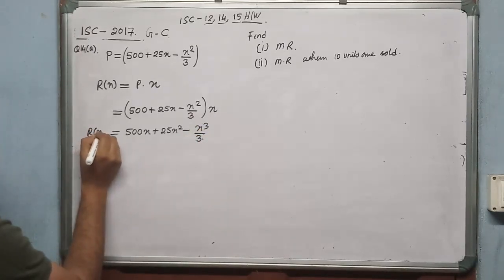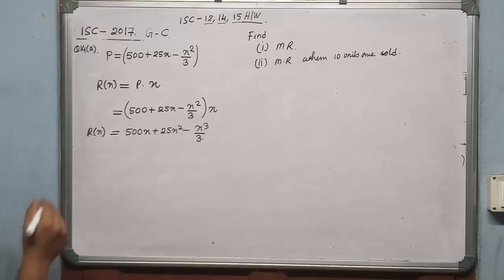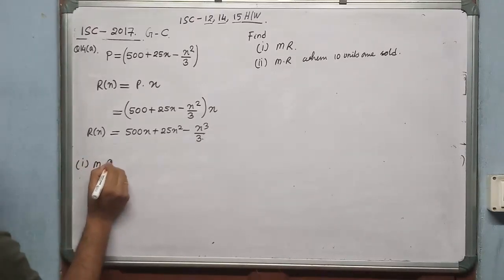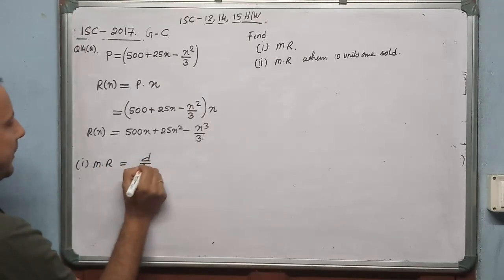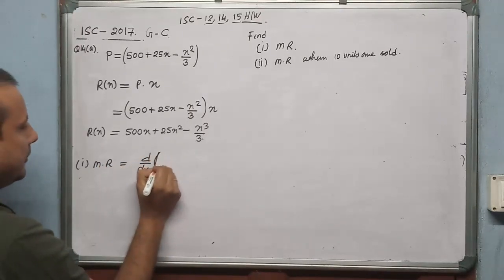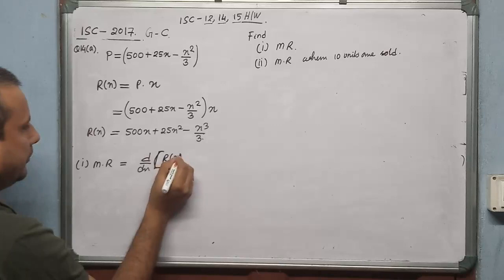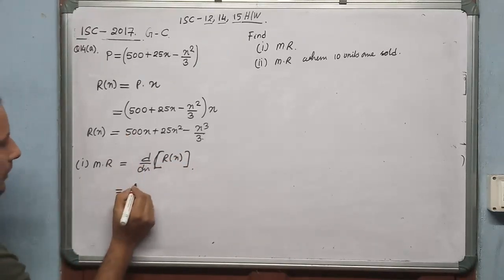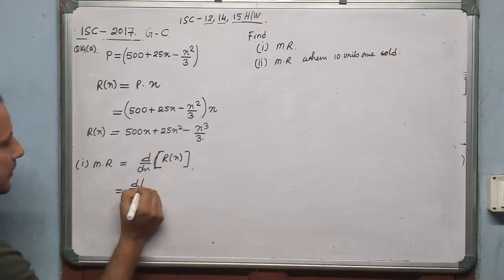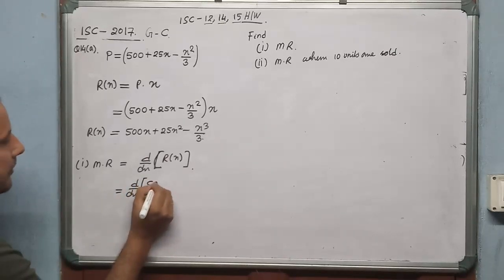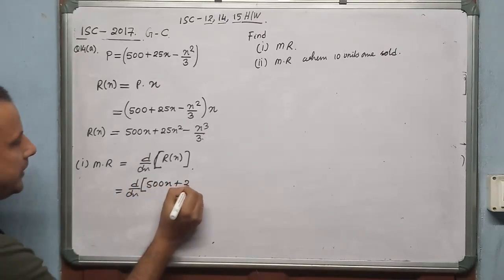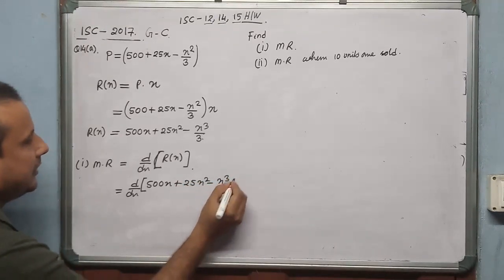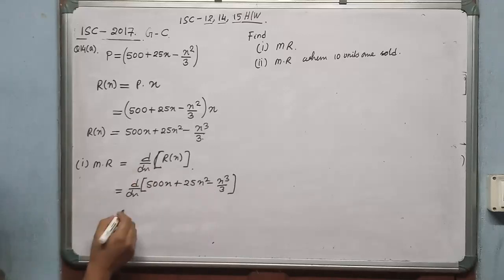This is revenue. Now the first answer that I'm going to calculate: find marginal revenue, which means d by dx of revenue. We have the revenue equation, 500x plus 25x square minus x cube by 3. d by dx of this is the marginal revenue.